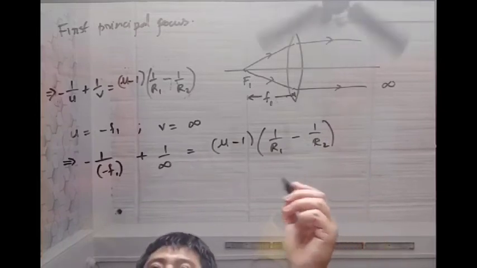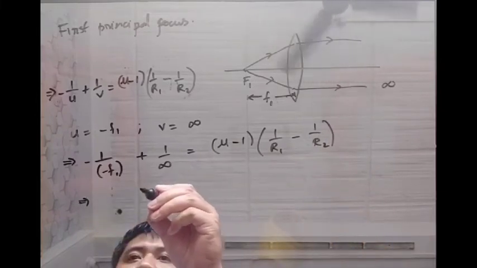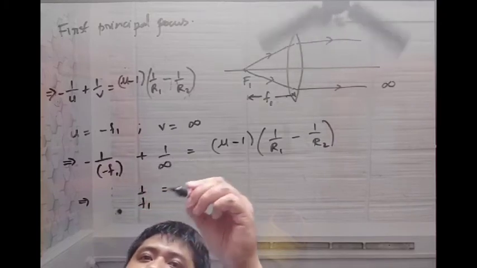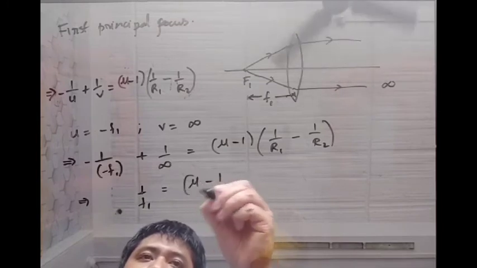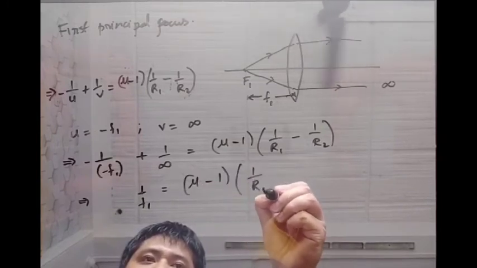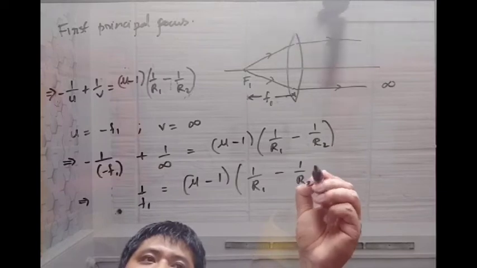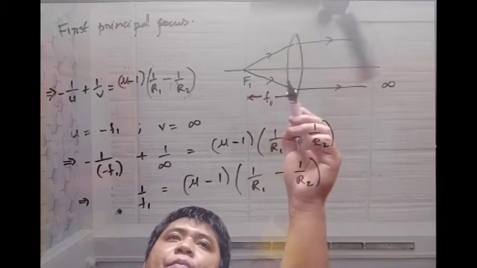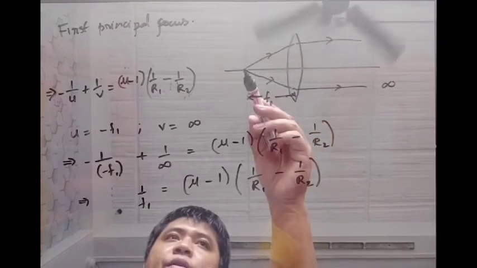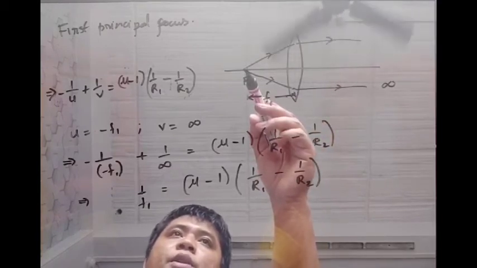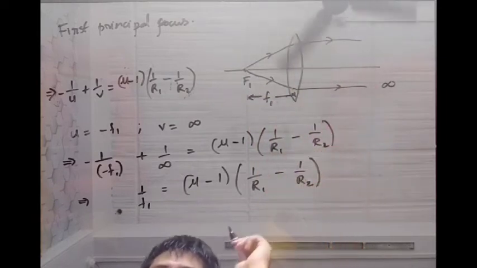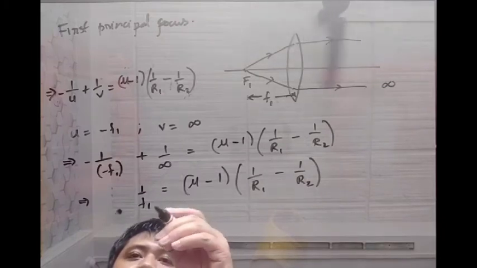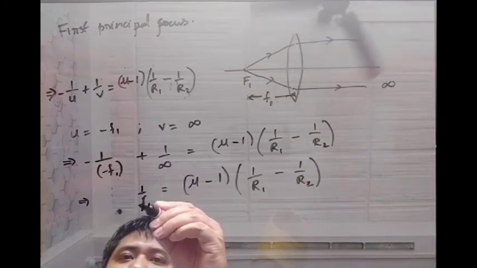Then we have 1 by f1 equals, this is 0, 1 by f1 plus 0 is 1 by f1, mu minus 1 times (1 by r1 minus 1 by r2). Here, the first principal focus is the position of the object which produces image at infinity. This is for the first principal focus. Then this is the focal length, the first principal focal length.